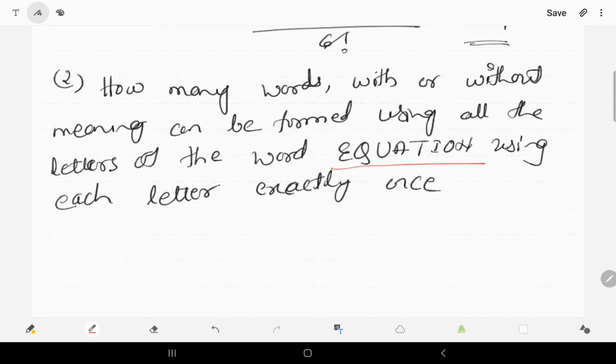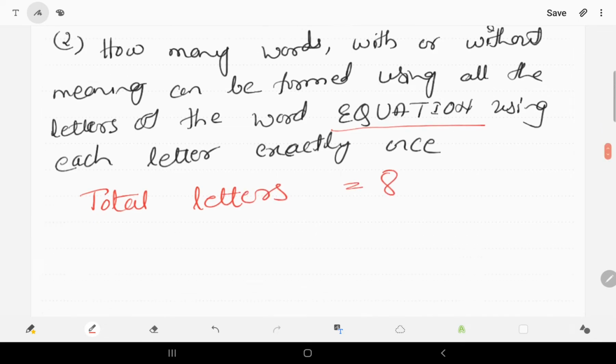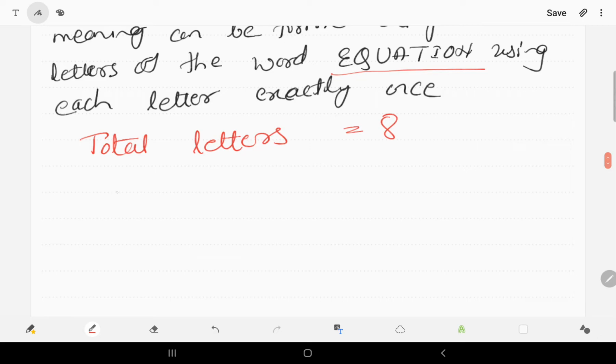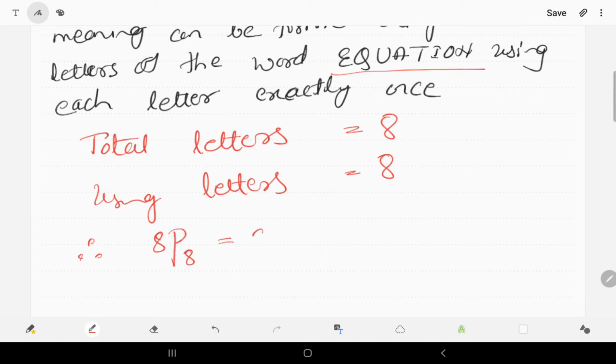So how many words with or without meaning can be formed using all the letters? We have to use all 8 letters, total letters is equal to 8. Therefore the arrangement is 8P8, that is equal to 8 factorial.